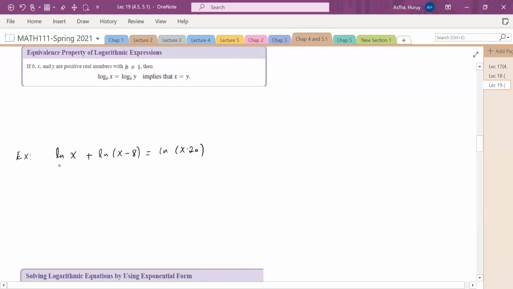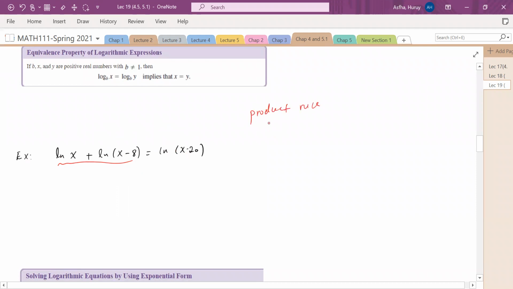if we have ln x plus ln (x minus 8) equals ln (x minus 20), then the first thing we need to do here is, well, we have 3 different ln's. So I need to first combine these two. And how do we combine it? Well, we have the product rule.